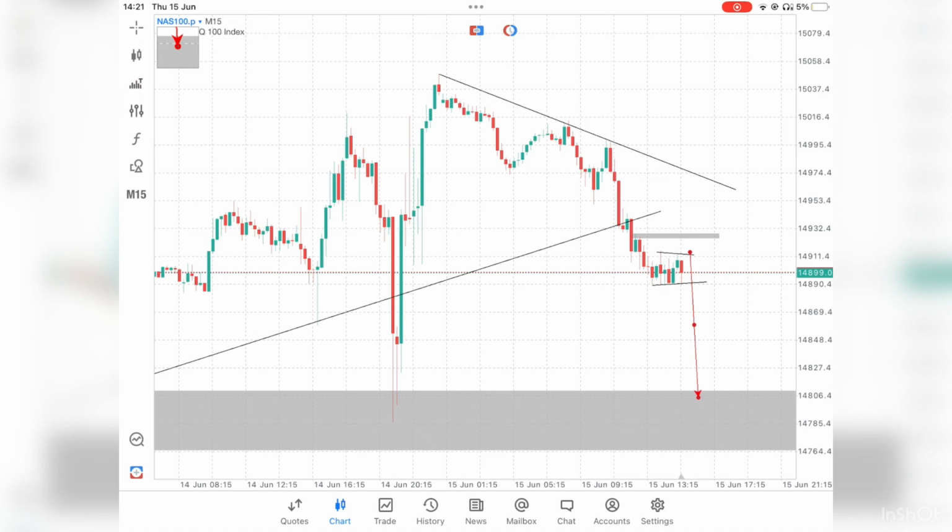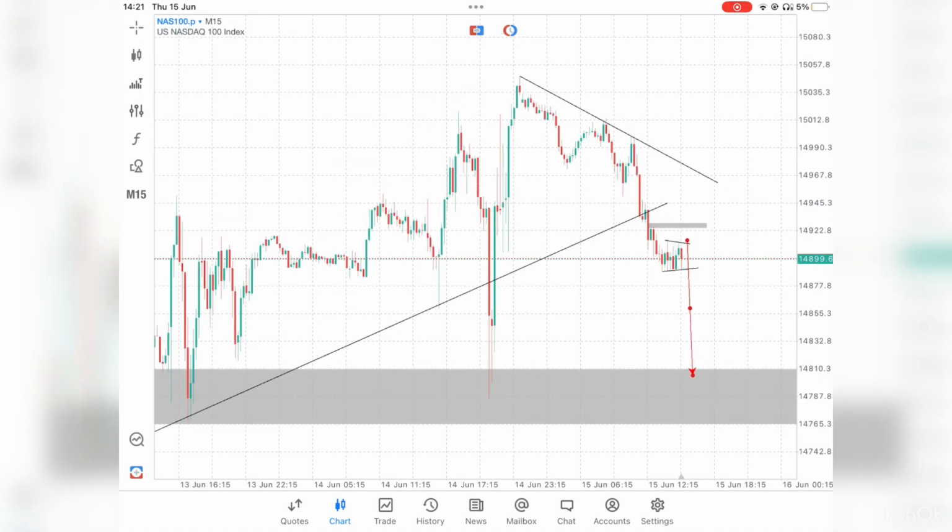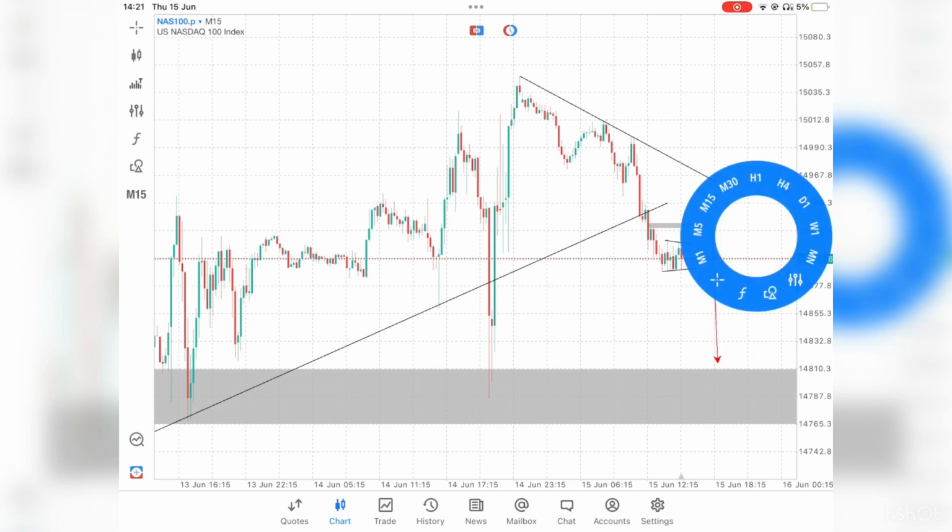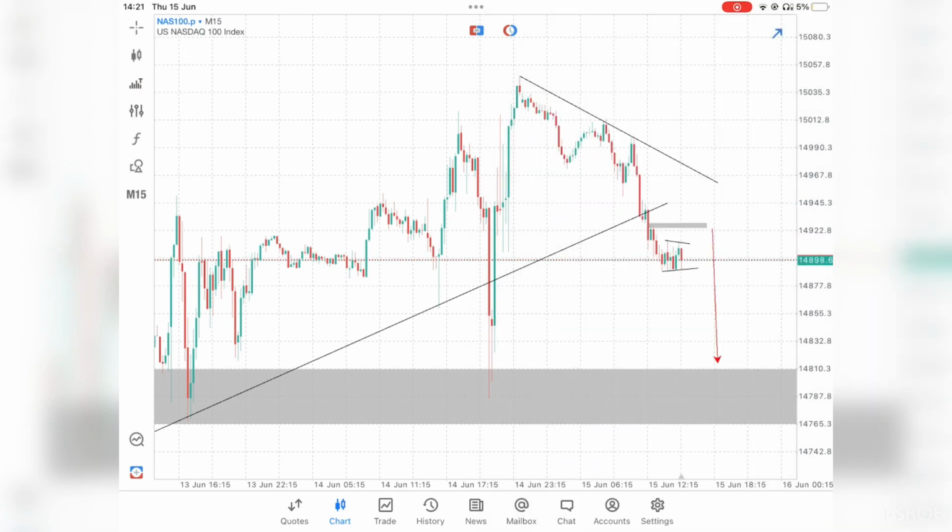So we can expect another impulse to the downside. Note that it's also possible that the market can fail to give us the flag and actually reverse from the trend line and go test that gray area there before it can eventually fall to the downside.